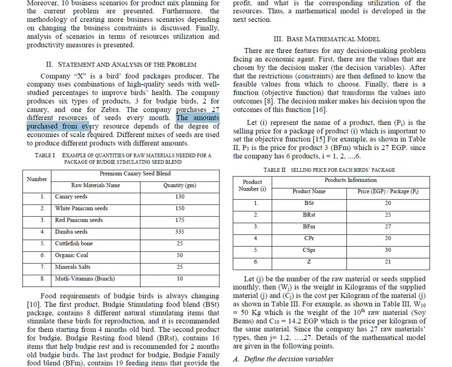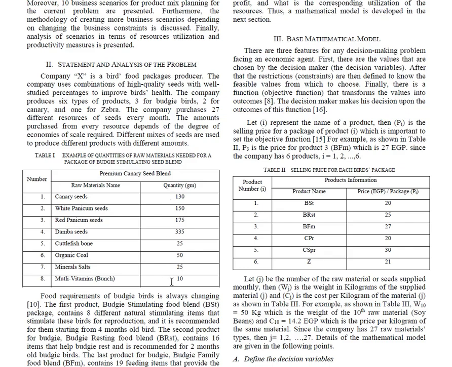The amounts purchased from every resource depend on the degree of economies of scale required. Different mixes of seeds are used to produce different products with different amounts. All right. So we have here this table that shows us the raw material name and the quantity in grams used for producing this product. So for each product we have a table in this format. Okay, it requires this type of raw material and this quantity needed of this raw material.